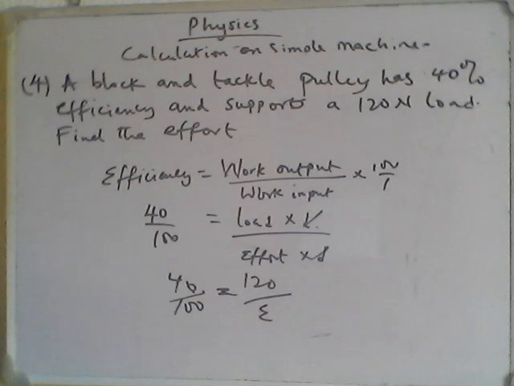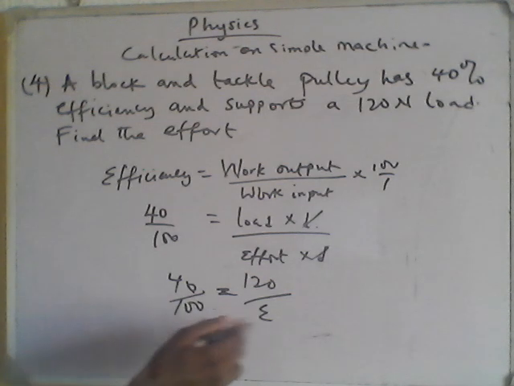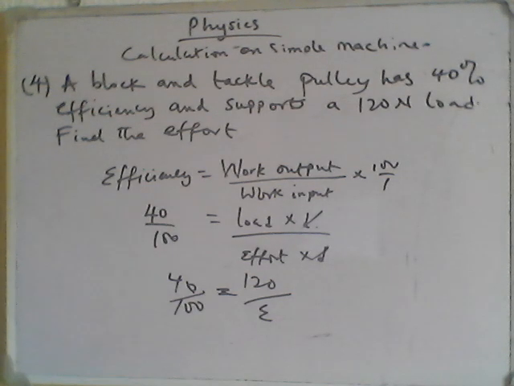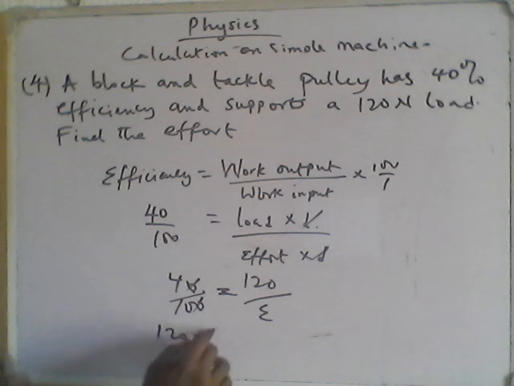Assume that they both move the same distance in a block and tackle pulley system. Okay, so I can now find the effort by making it the subject of the formula. So here, if you cancel this, we have 120 times 10 over 40, sorry, over 4.